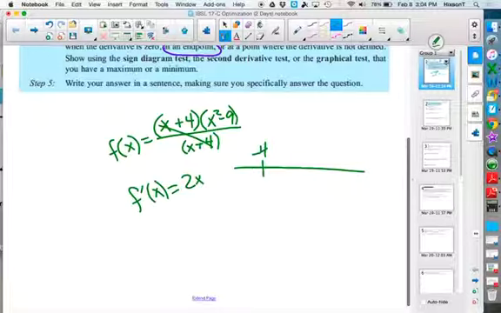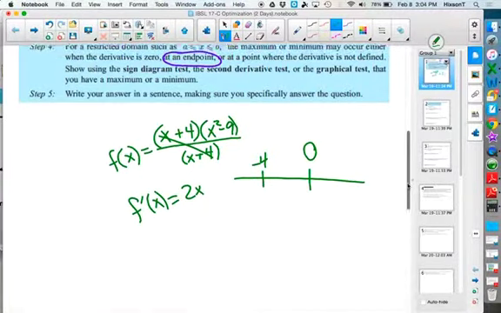So the critical value is at 0. Okay? So you would include anything that was eliminated from the domain. Because in this case, it's a hole. If it were an asymptote, same thing. Okay? But you would do the sign diagram for all three regions here.